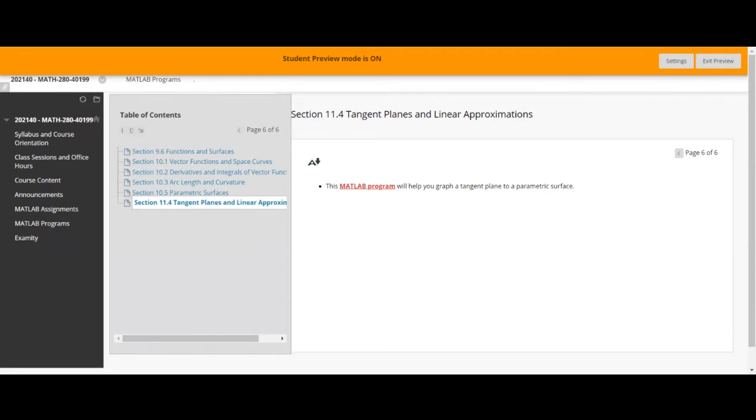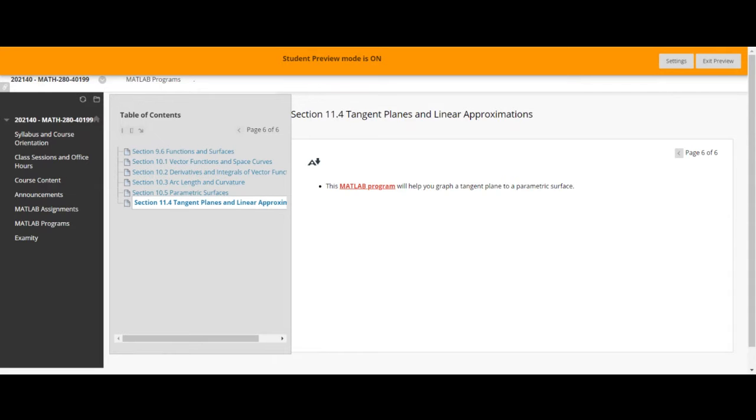For your exam, I'm going to be converting these MATLAB programs to Word, so when you do Examity, they can download them for you, and there won't be any issue in opening up a Microsoft Word file. But if you click on it here, it'll open it up as an M file.